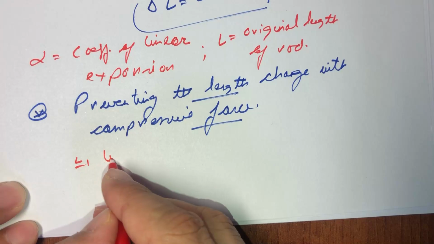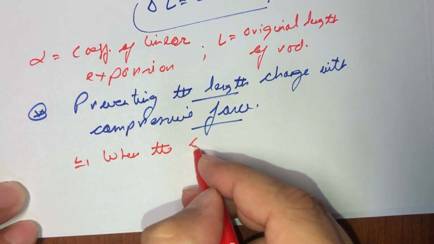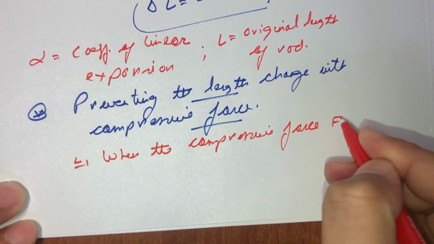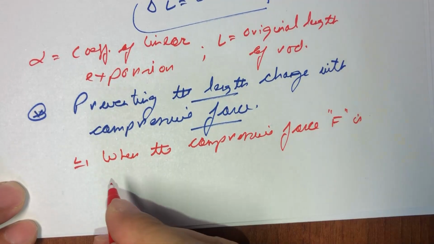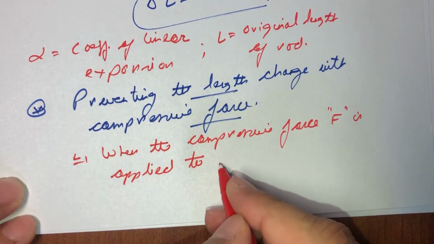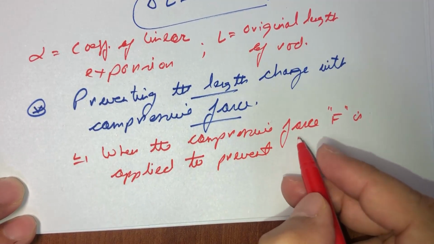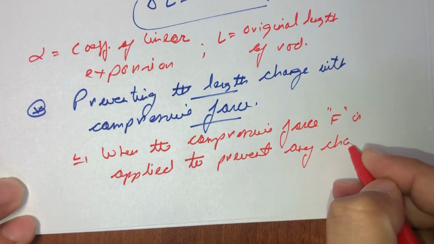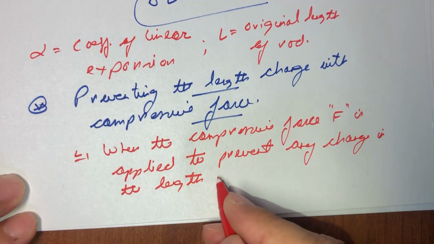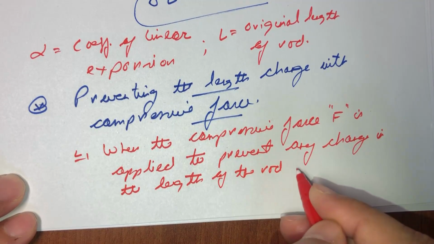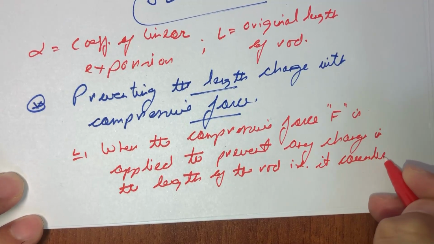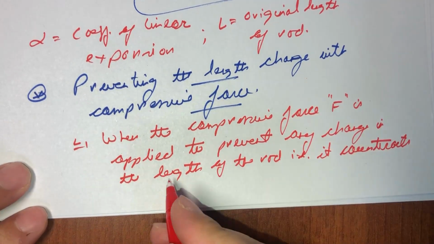So we can say when the compressive force F is applied to prevent any change in the length of the rod, that is, it counteracts the thermal expansion.